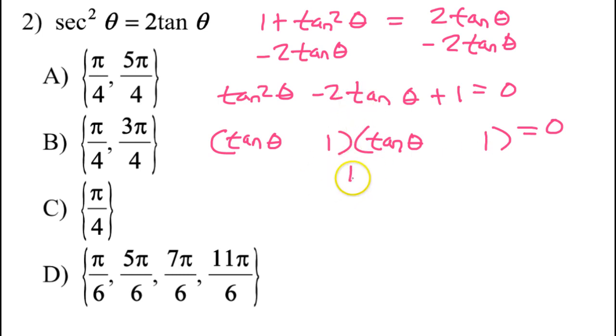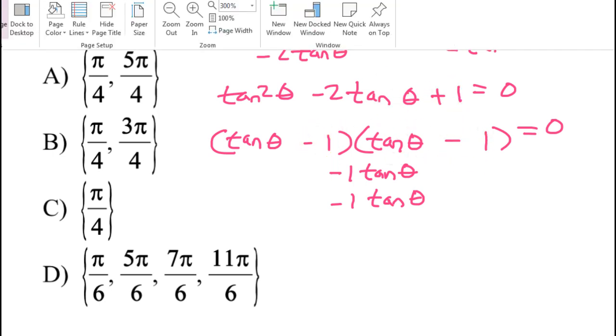Inner, I've got 1 tangent theta. Outer, I've got 1 tangent theta. I'm trying to get a middle of negative 2 tangent theta. I can achieve that if both of these are negative. That'll make negative 2 tangent theta. So that means both of these have to be negative. Also, negative 1 times negative 1 is positive 1, so that works out great.